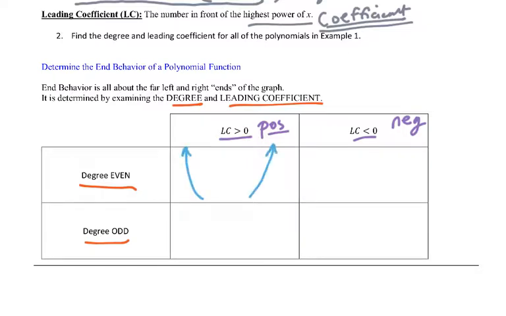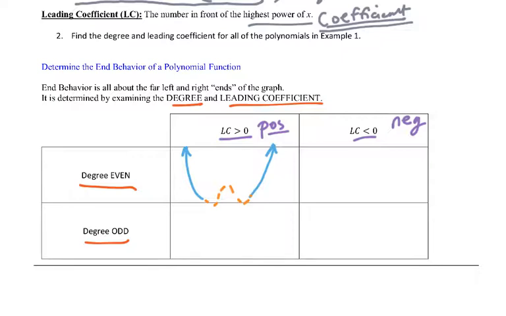If it has a positive coefficient, it's going to face upwards, just like we saw on our quadratics. I'm going to draw a little wavy part right here because depending on the degree, there might be some waves at the bottom of your parabola-esque shape.